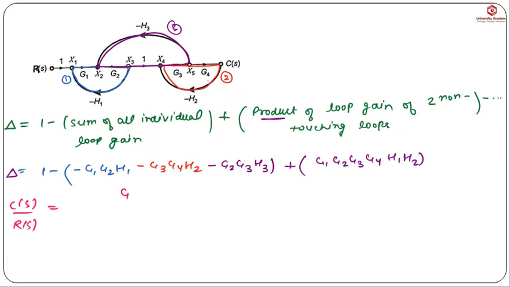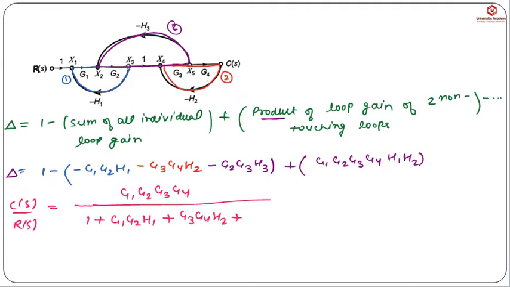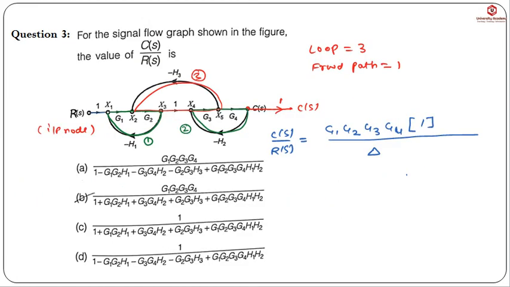In the denominator we have 1 plus g1 g2 h1, then plus g3 g4 h2, then plus g2 g3 h3, then plus g1 g2 g3 g4 h1 h2. So this is the transfer function for the given signal flow graph, and this matches with option B. So option B is the right answer.